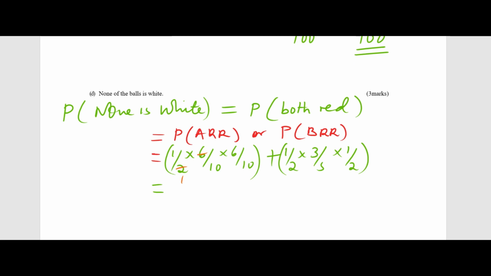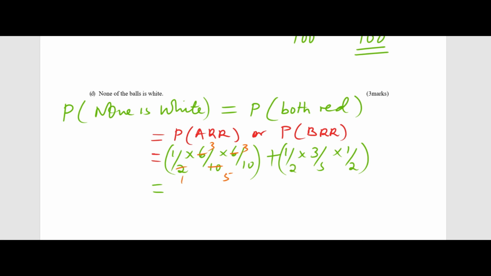Simplifying these, by 2, 3, 5, this one does not simplify, so this one will remain to be 2.